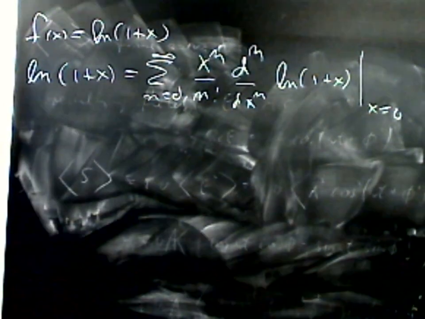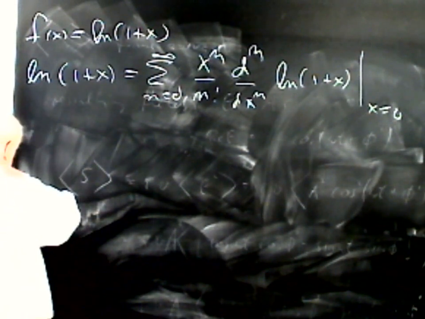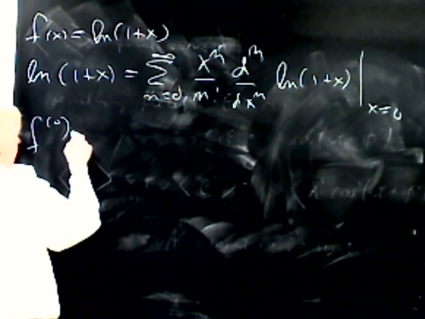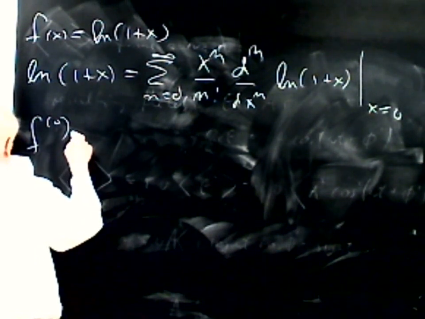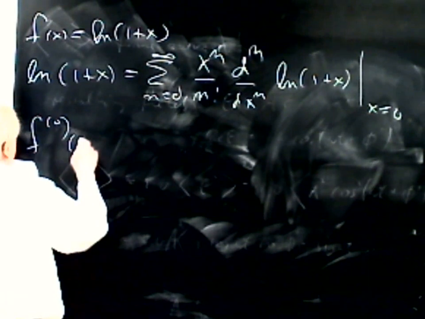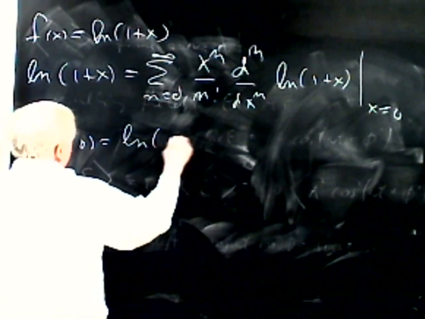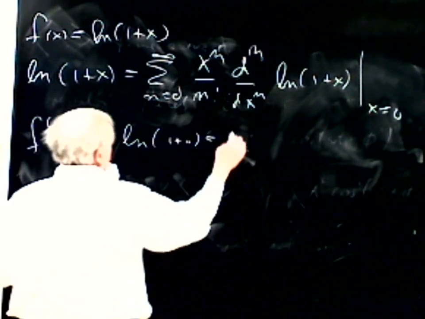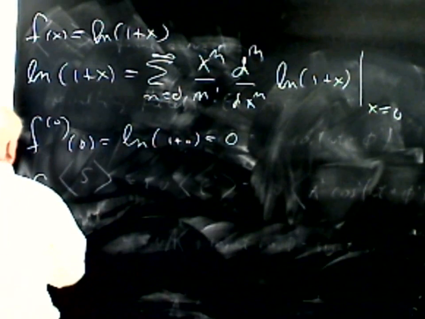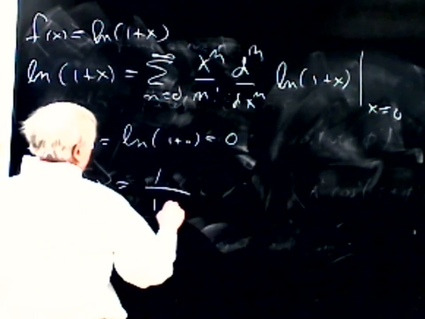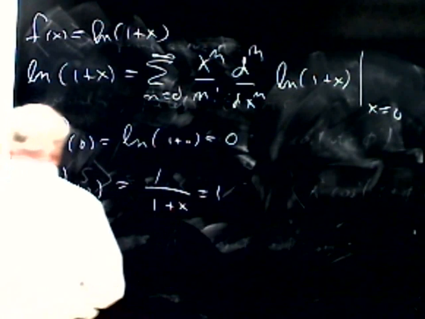And now you can compute what these things are. The 0th derivative at 0 is the log of 1 plus 0, and that's just equal to 0. The first derivative at 0 is 1 over 1 plus x, which is just 1.